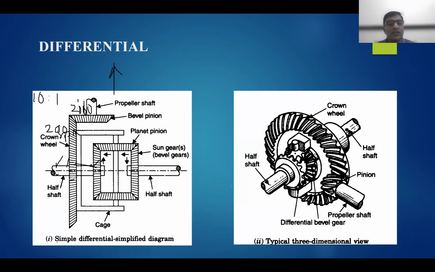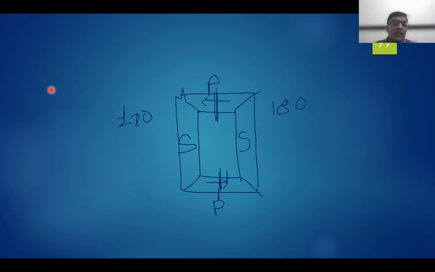So you can see this figure. This arrow you can see in this figure as well. So to provide more rotation to the sun gear, this pinion is going to rotate in the helping direction, and this will rotate in the opposite direction. But in turn, this side sun gear will have to rotate.